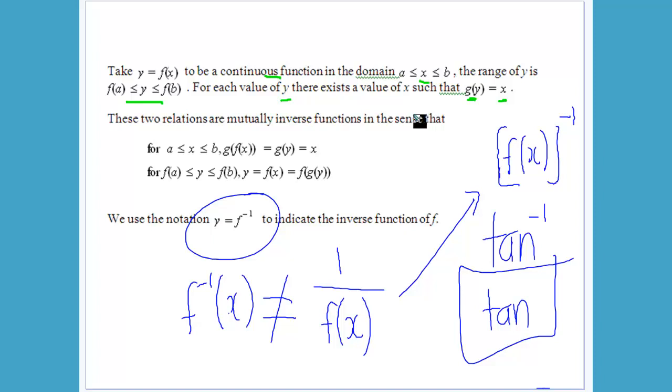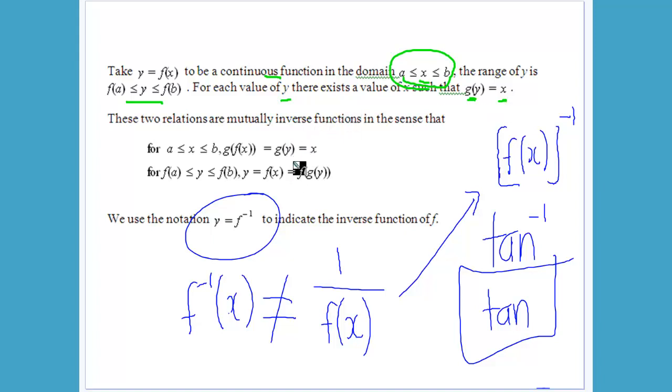Basically, as long as it's continuous, it doesn't break up at any point, and it's in that domain, so it doesn't have to be the whole function, but a particular domain, you're able to get a value of y where there's only one value of x.